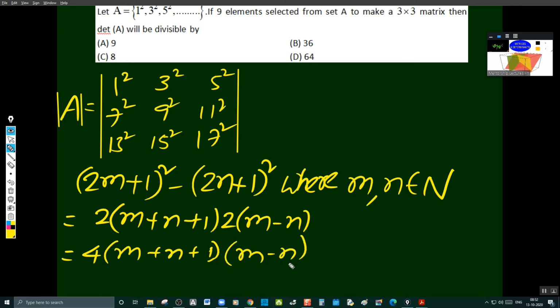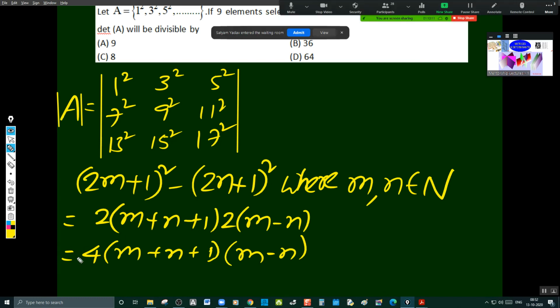Okay. Now just check it out. If you give some random values, like m, n belonging to natural numbers, if you give minimum values, for example, let us give m is equal to 2 and n is equal to 1.